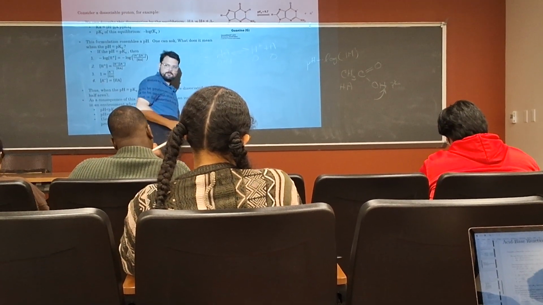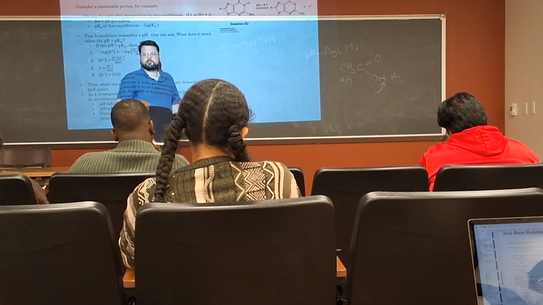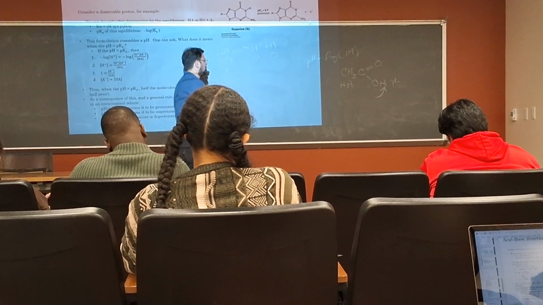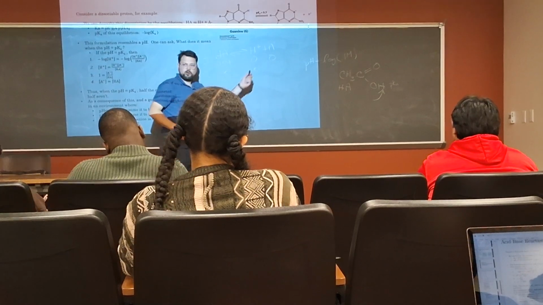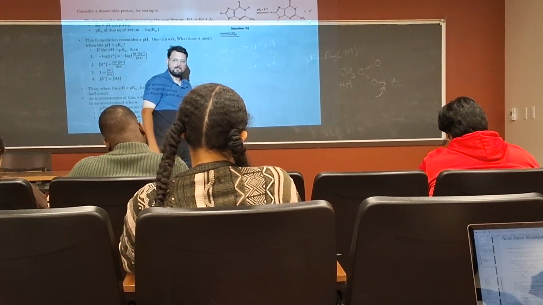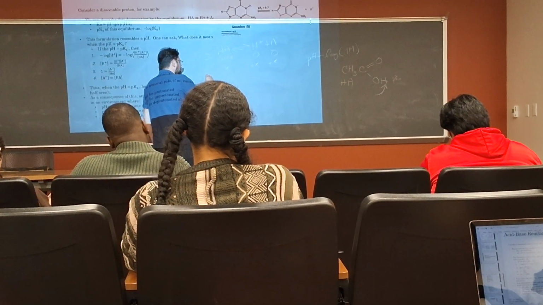This HA is going to ionize by some amount. I don't know, right? X. That means that H plus will also go up by that amount, and A minus will go up by that amount. That means that at equilibrium, what do we have?